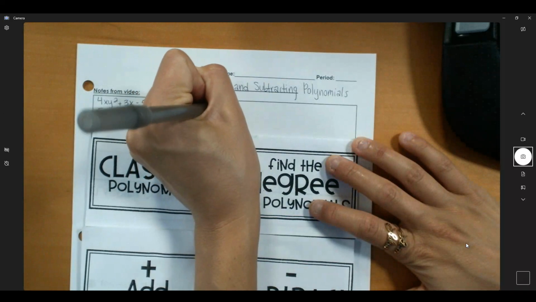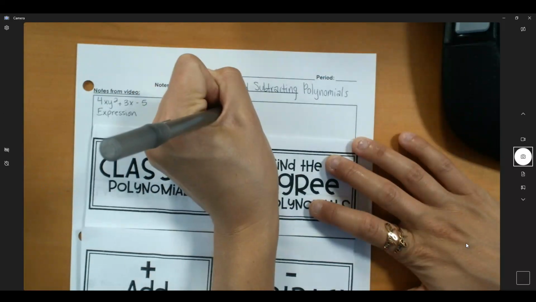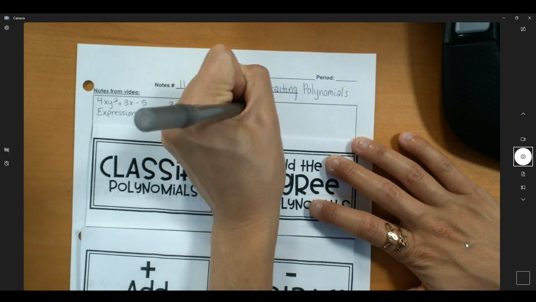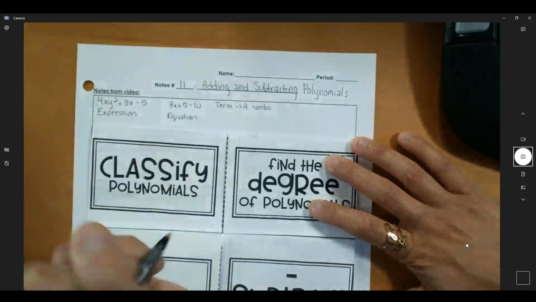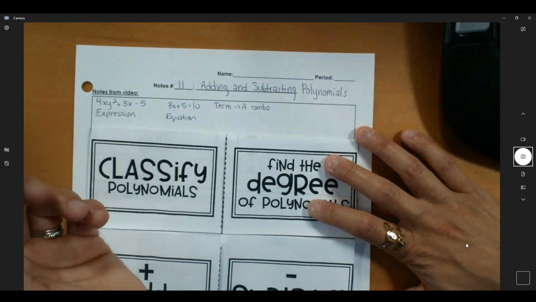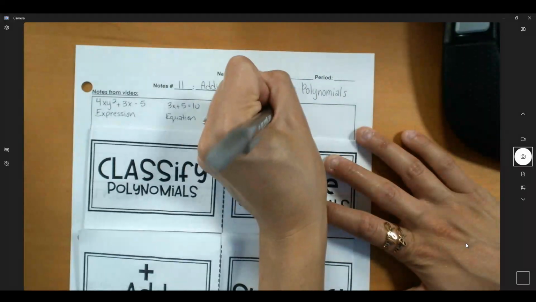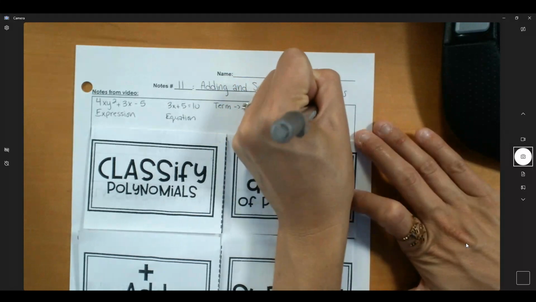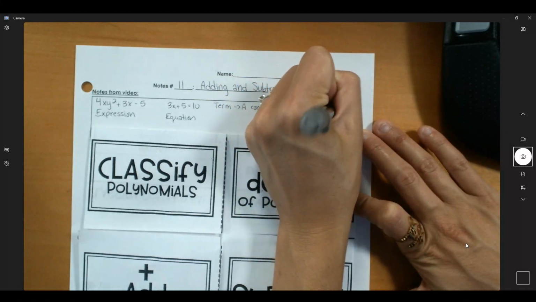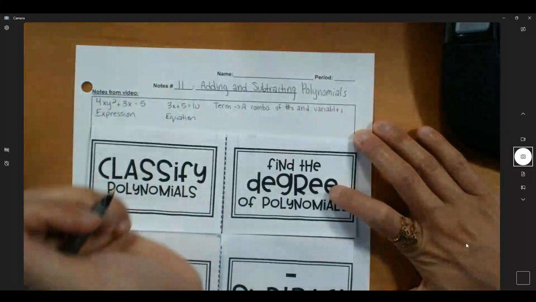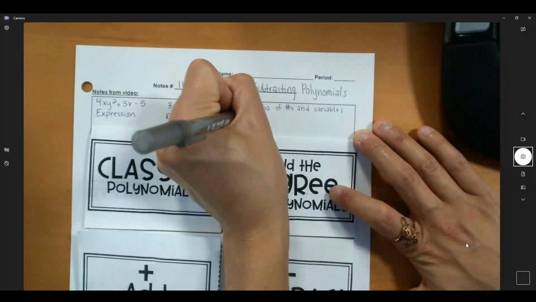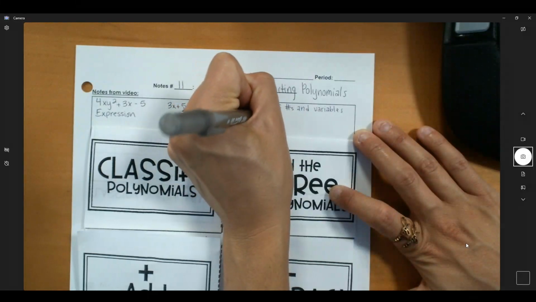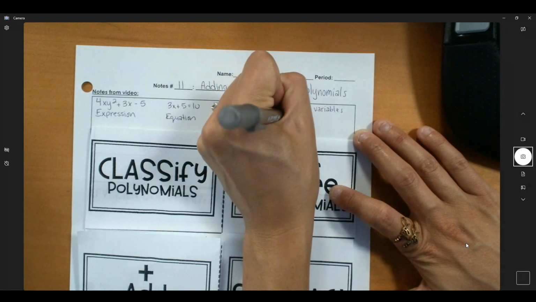Term, I'm writing this as small as I can. I'm going to try to simplify this too since we don't have a lot of room. So term, a combo of numbers and variables without an operation.